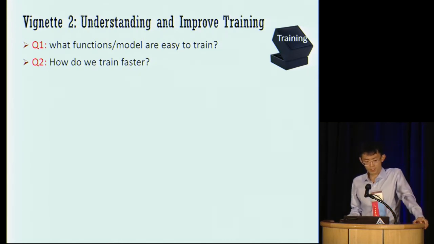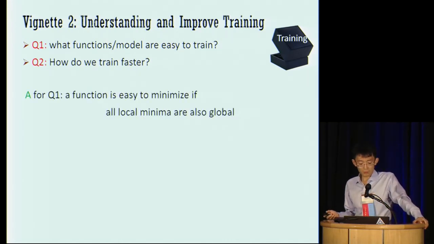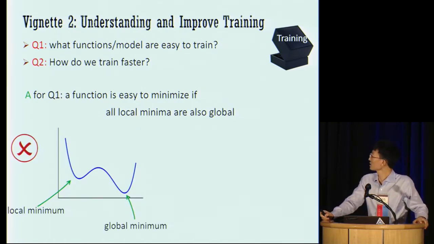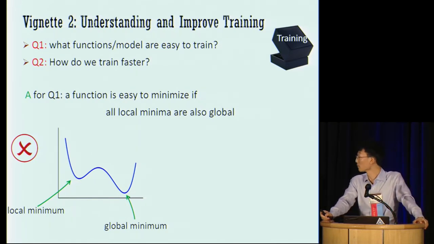So the current understanding about the first question is that a function is easy to minimize if all local minima are also global. What do I mean by that? This function is actually not easy to minimize because on the left-hand side there is a local minimum, and this local minimum is not a global minimum.